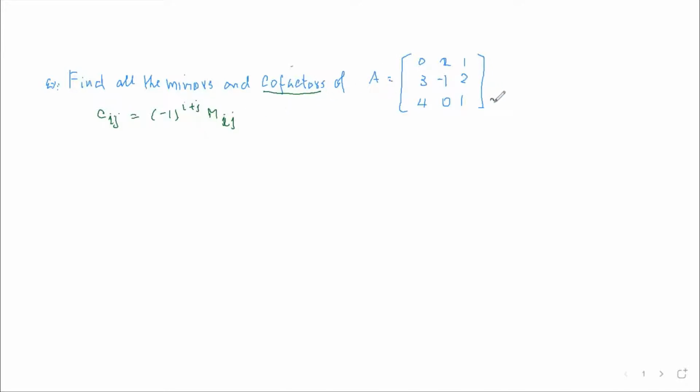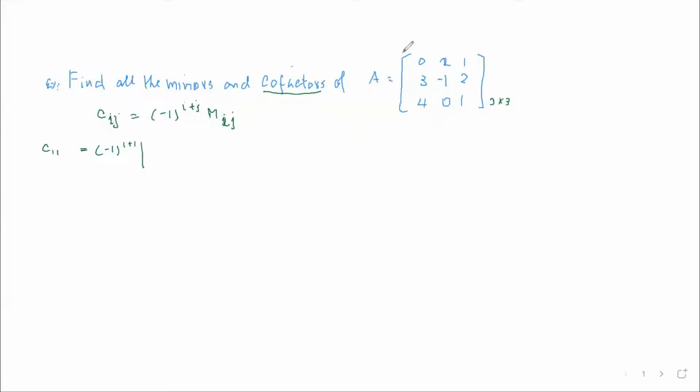This matrix is 3 by 3, so that means we have to find all of them. First one, C11. C11 means row 1, column 1. So the formula becomes minus 1 to the power 1 plus 1, and then M11.